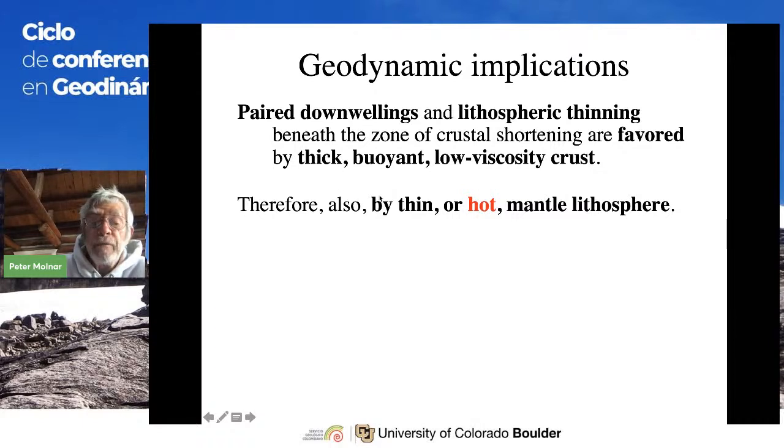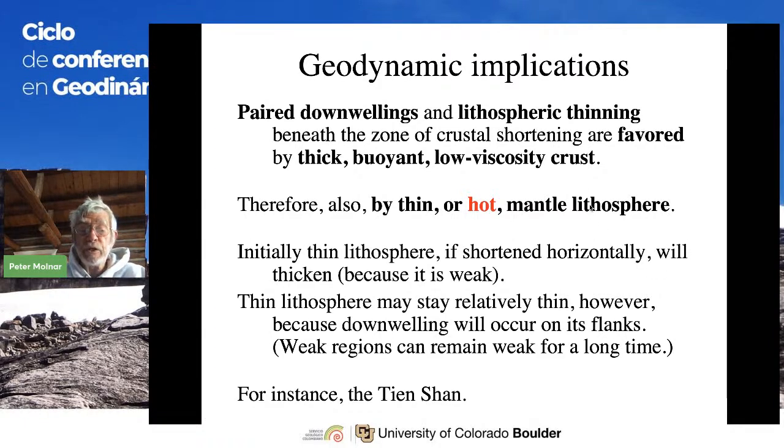Relative to the lithosphere. So paired downwellings will be favored by thin or hot mantle lithosphere, because hot mantle lithosphere is thin lithosphere. The crust is the same thickness, so the crust is relatively thick when the mantle lithosphere is thin. And that will come in when I introduce the Tian Shan.